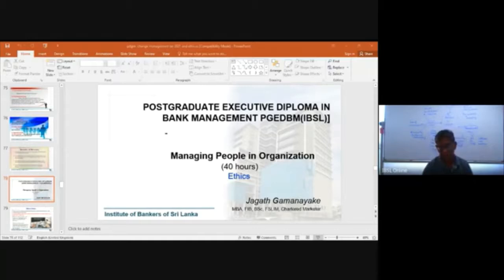These are fundamental principles. What are the five? Integrity, objectivity, professional competence and due care, confidentiality, and professional behavior. These are the five principles every professional banker needs to follow or adhere to.